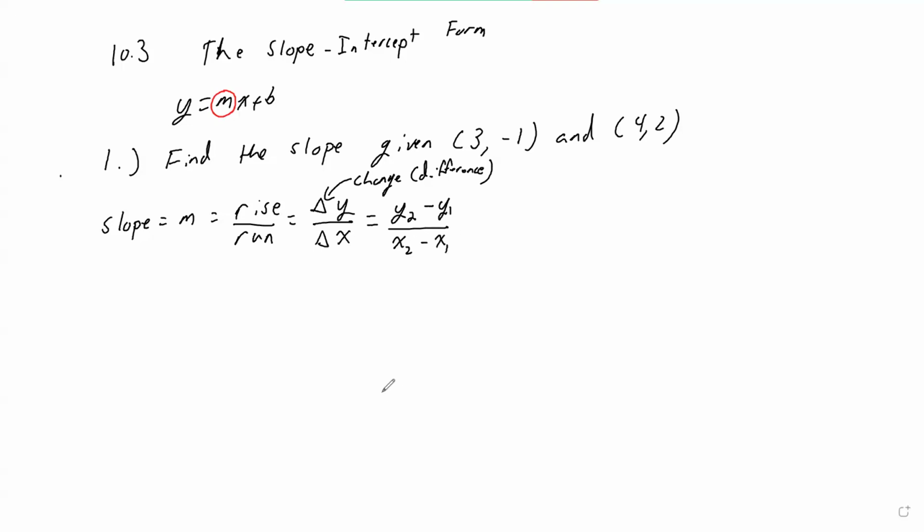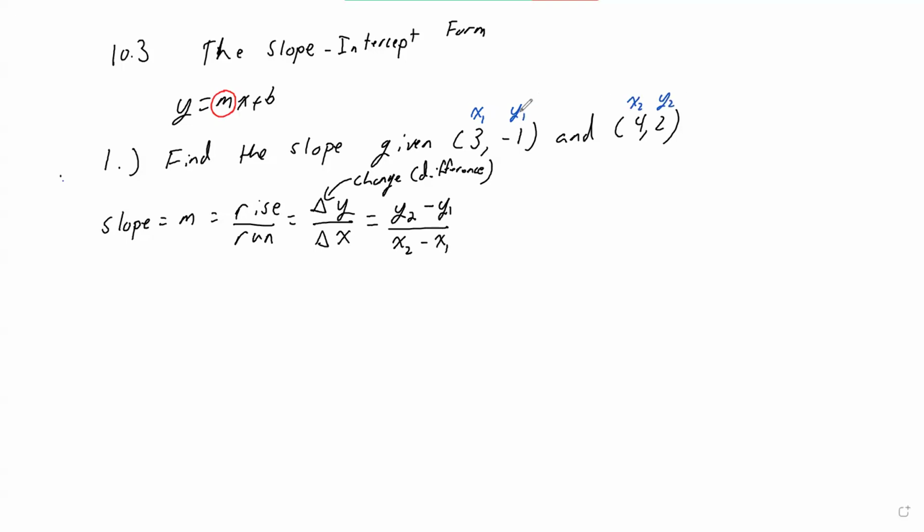So you're pretty much just taking the difference of the y divided by the difference of the x. Now, the best thing I like to do is to label my points to keep me organized. This is your x1. This is your y1. This is your x2. This is your y2.